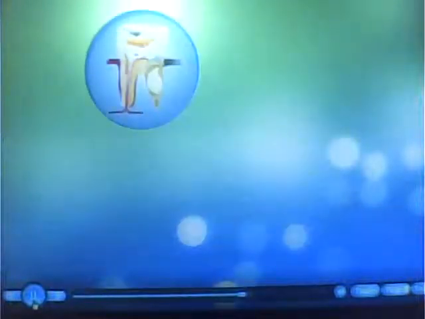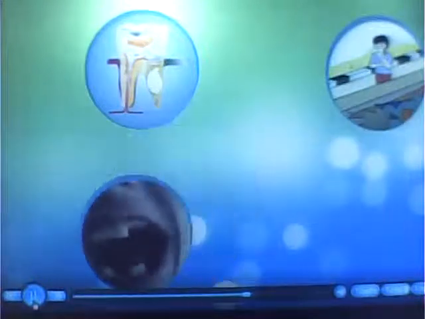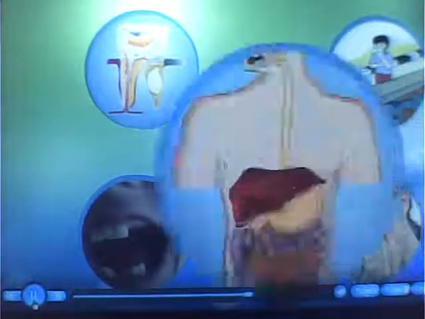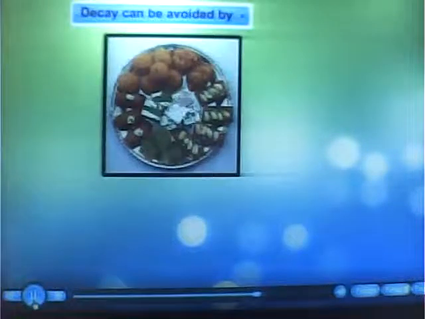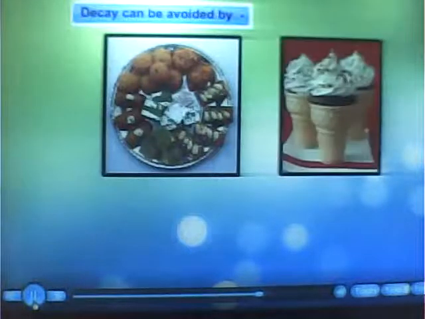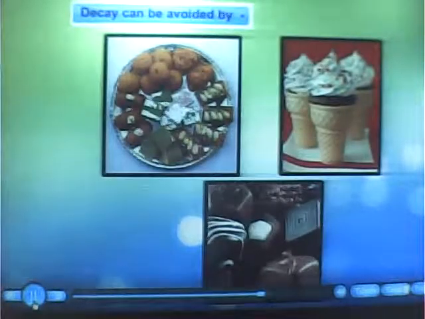Tooth decay causes the following: holes or cavities in the teeth, bad breath, loss of teeth, toothache, stomach disorders. Tooth decay can be avoided in the following manner. We should avoid eating too many sweets, ice creams, and chocolates.